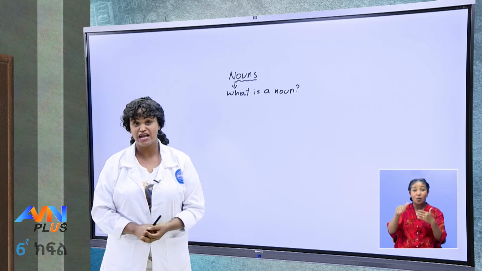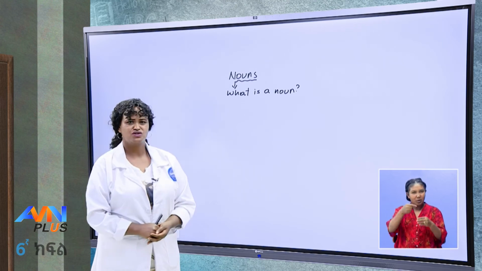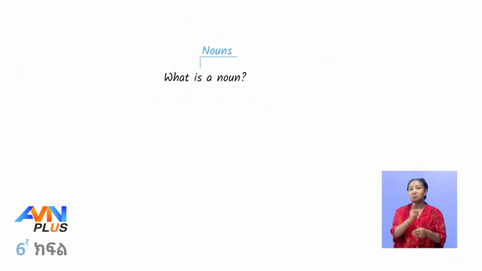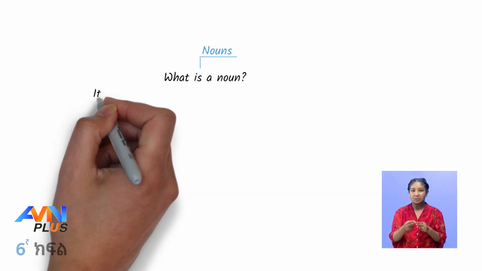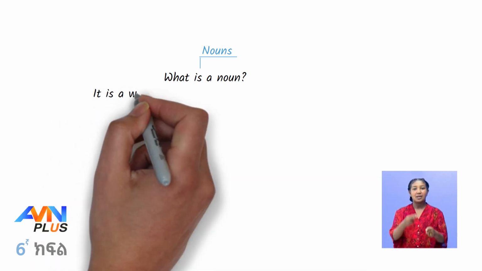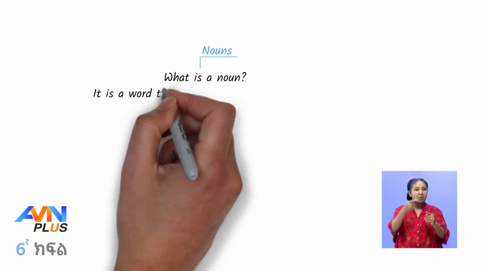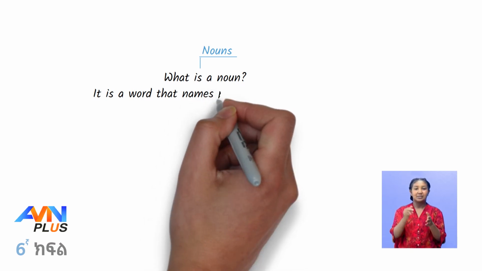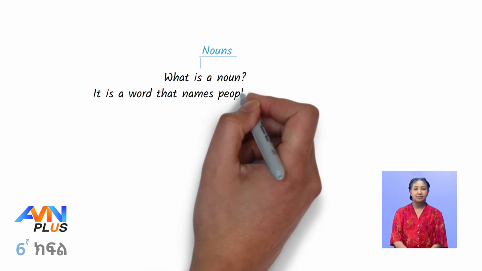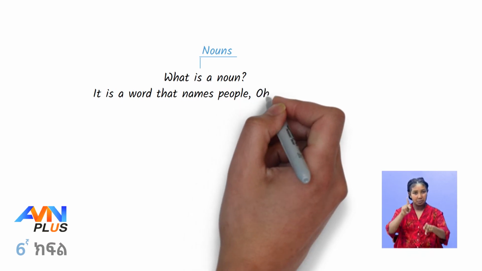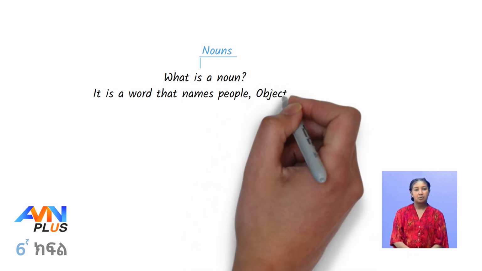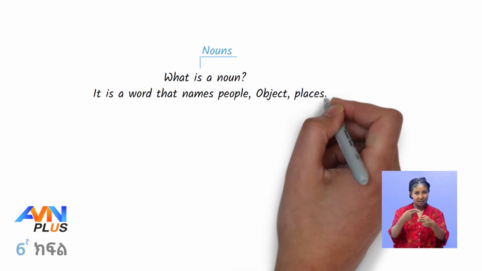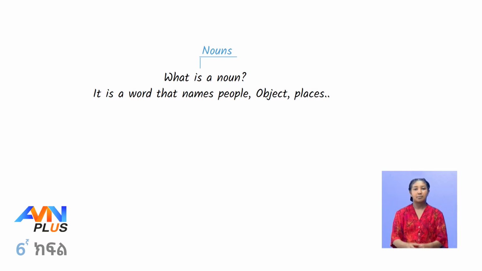It's all about nouns. What are nouns, or what is a noun? Yeah? A noun, obviously, is what? It is a word. What word? A word that names people, objects, places, etc. Yeah?